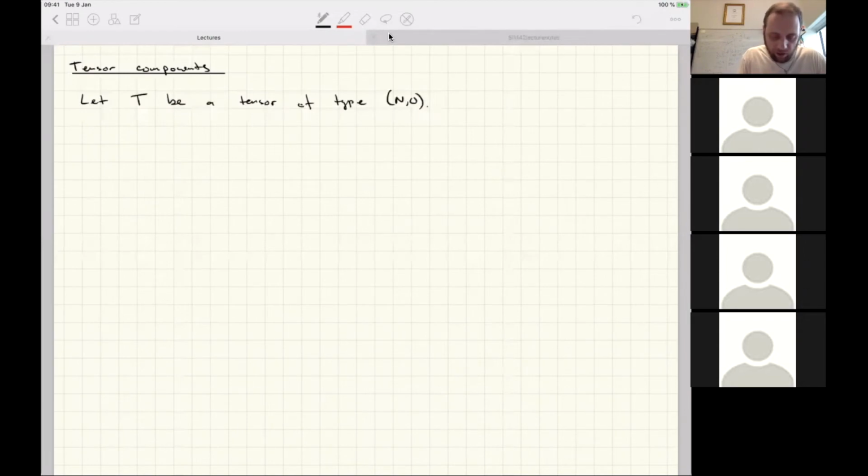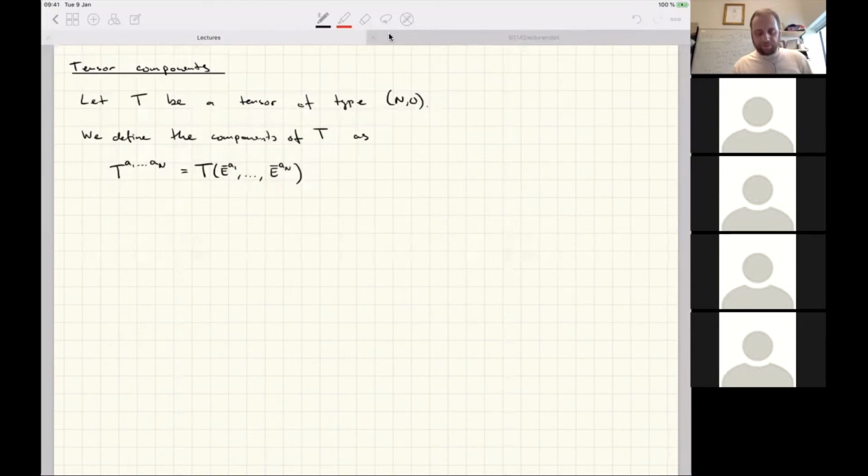So we define the components of T, T^{a1...an}, as how this tensor acts on the basis, E^{a1} through E^{an}.